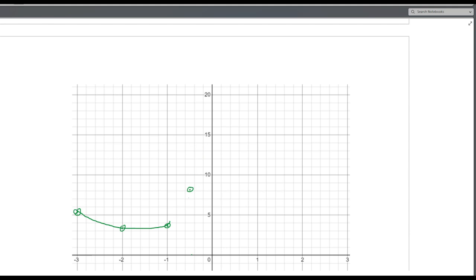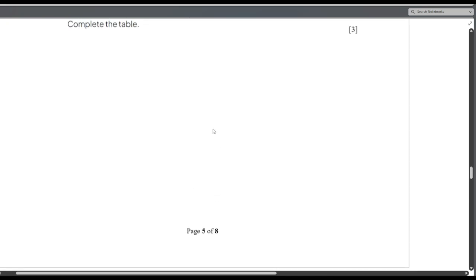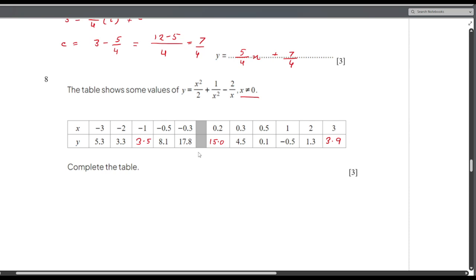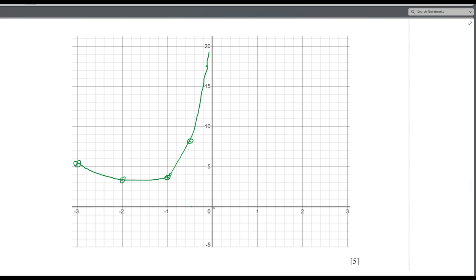Why will it not intersect the y axis? Because for x equal to 0 the expression will give an infinite result. In the problem itself they said that I have to consider x not equal to 0. Now for 0.2 the answer is 15. Here it is 0.2, 0.4, 0.6, 0.8 and 1.